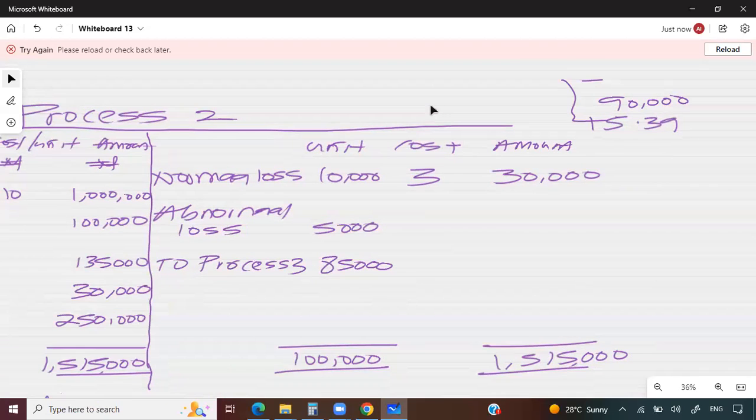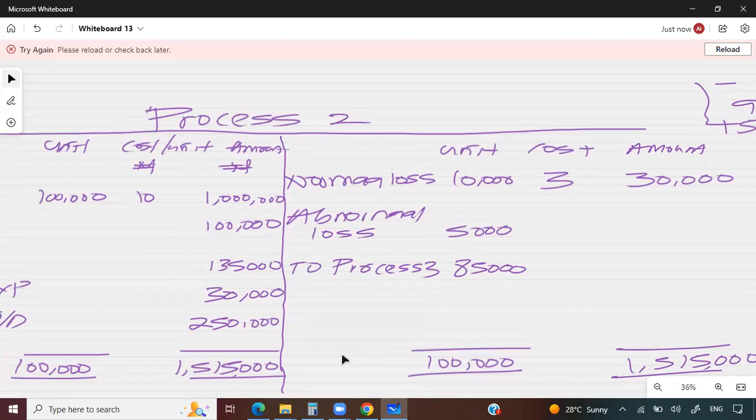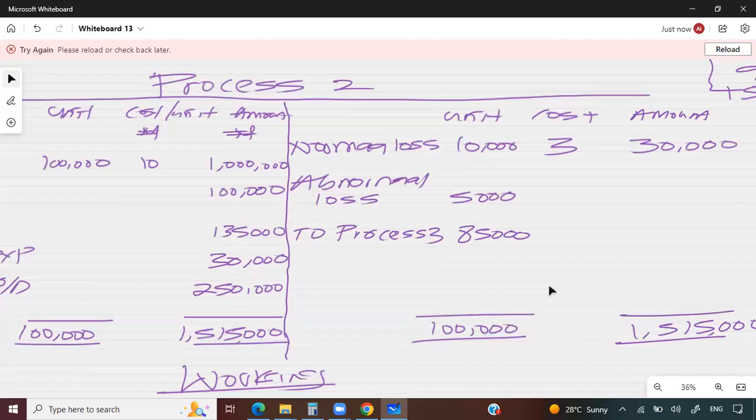Someone made mention of 15.3 now. Everybody, do you have 15.3 as well? It's 16.83. 16.83 by saying this is our total, divided by the expected 90,000. So that's just it.